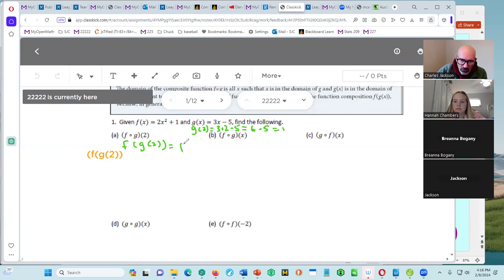So that's f of 1. And what does f do with an input like 1? Well, it squares it, doubles the result, and adds 1. 2 times the square of 1 plus 1, which is 2 times 1 plus 1, which is 2 plus 1, which is 3. So that's our answer. That's f composed with g of 2.